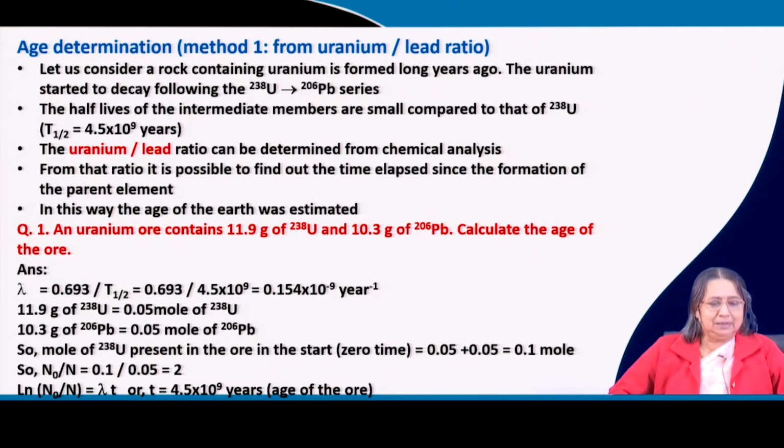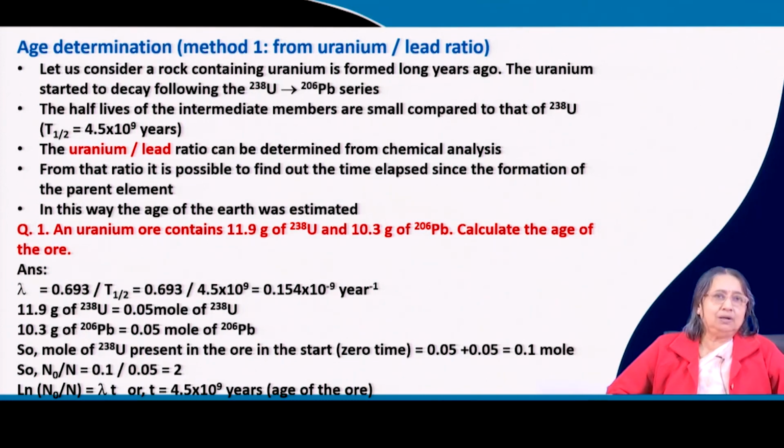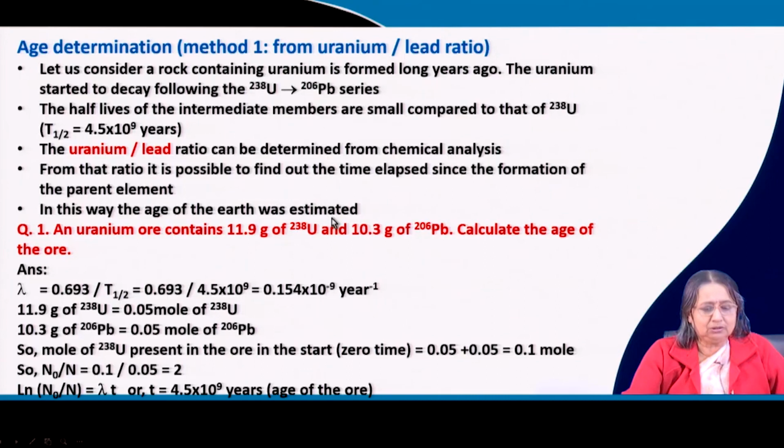In this way the age of the earth was also estimated. If the ore was produced when the earth was in its beginning, then the age of the rock and age of the earth are the same. So, a pretty close, good result was obtained for the age of the earth.